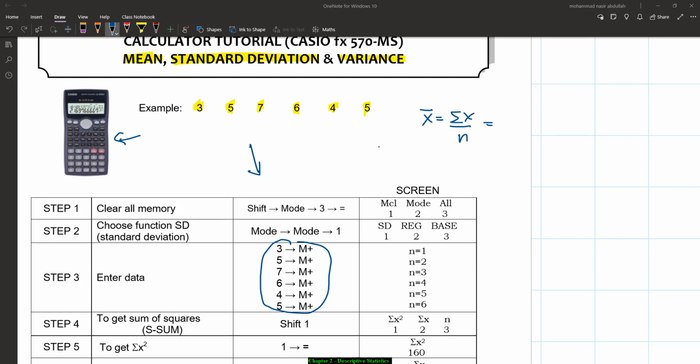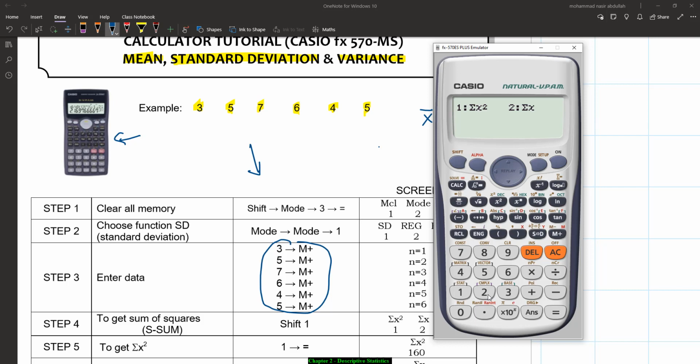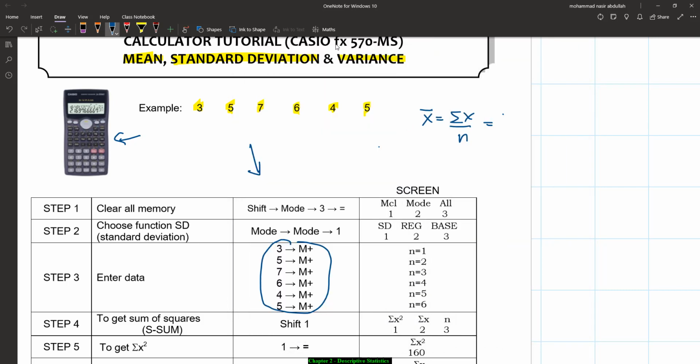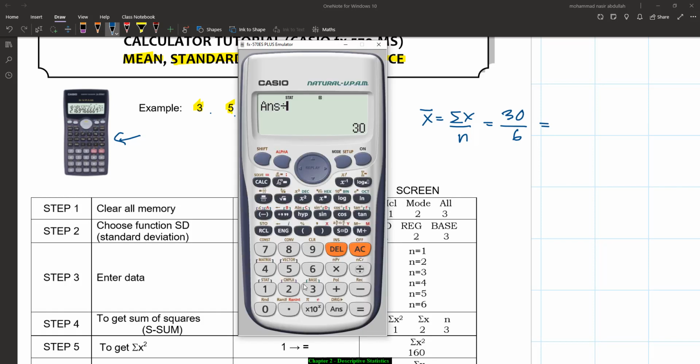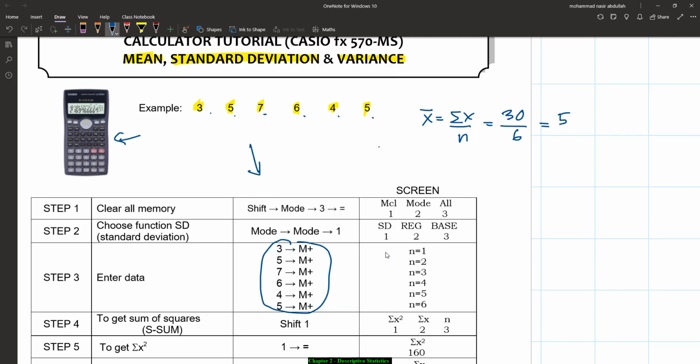From here you can easily press 2 equal, it's equal to 30. So this is 30 divided by how many n? 1, 2, 3, 4, 5, 6. So divided by 6. 30 divided by 6 should be equal to 5. So mean is equal to 5.